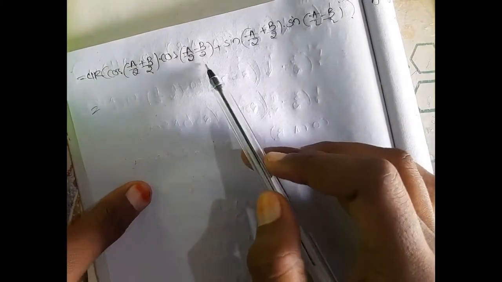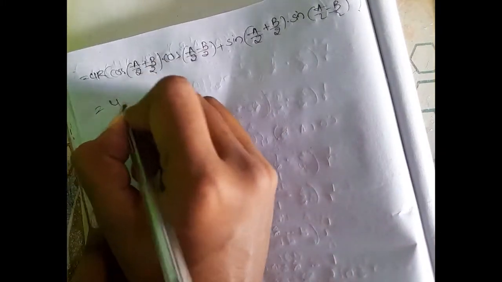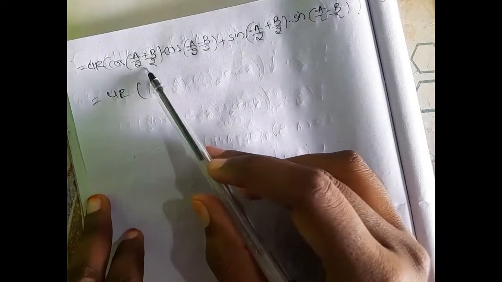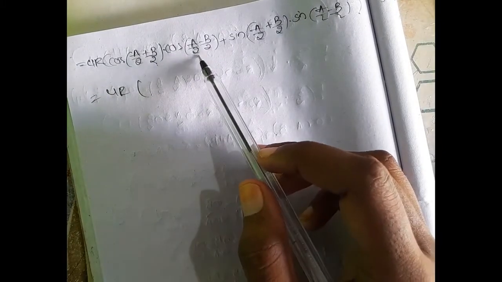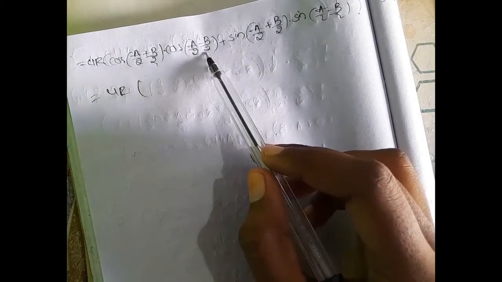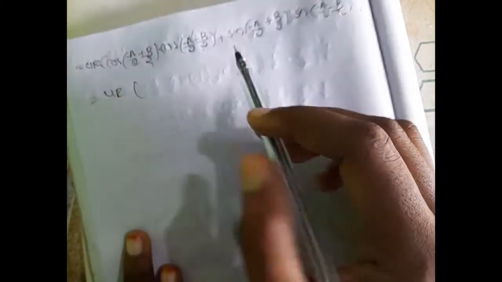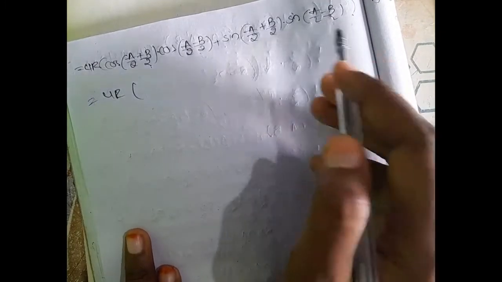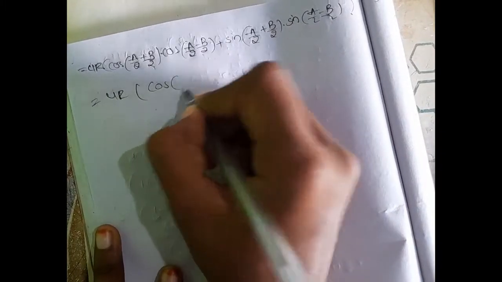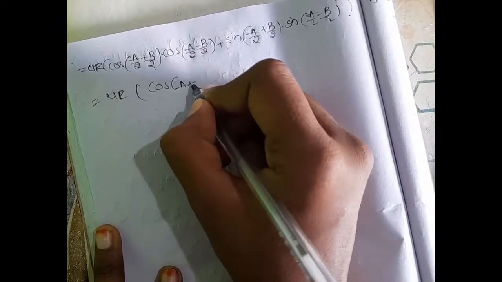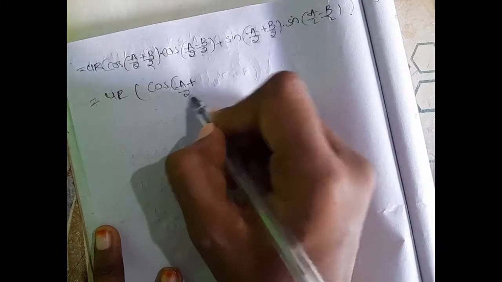Written the same step here. So now 4R, cos (A by 2 plus B by 2) cos (A by 2 minus B by 2) plus sin (A by 2 plus B by 2) sin (A by 2 minus B by 2).